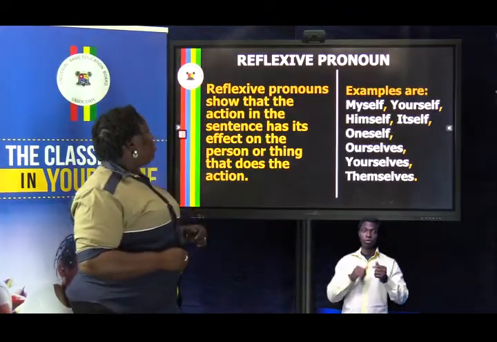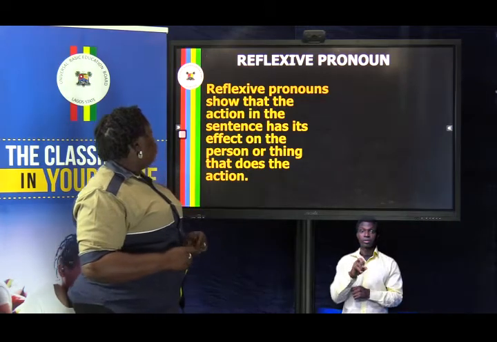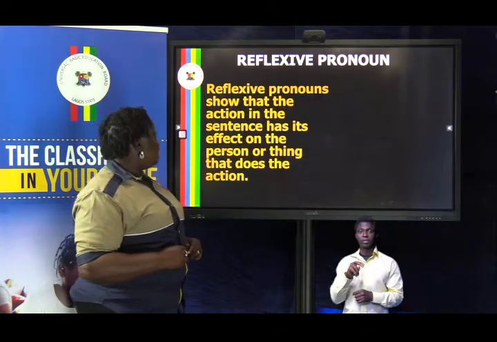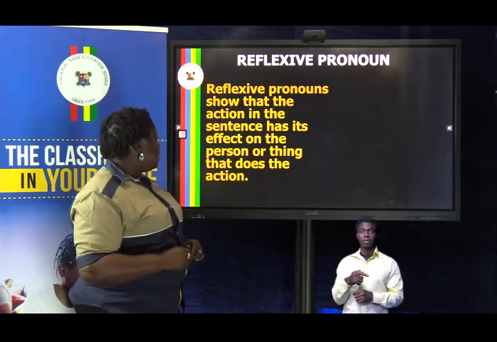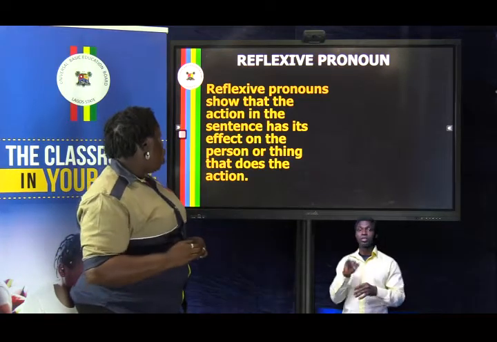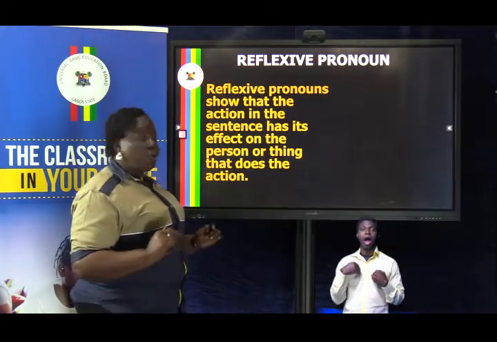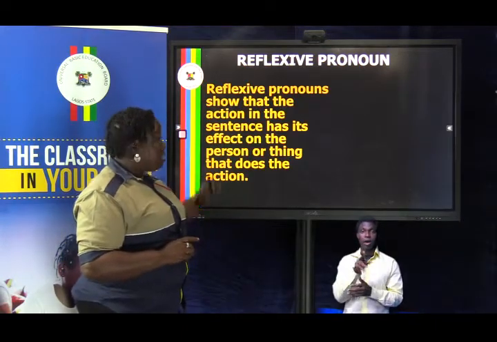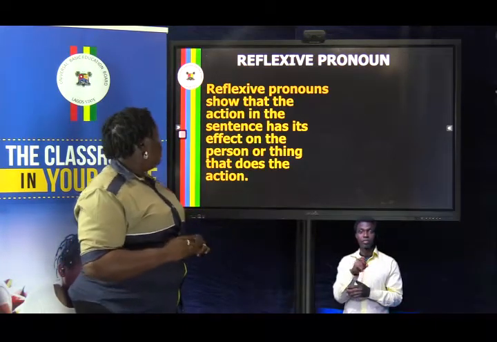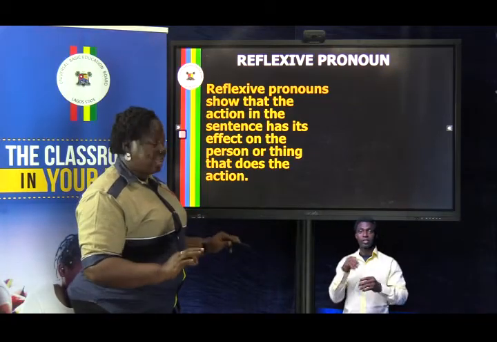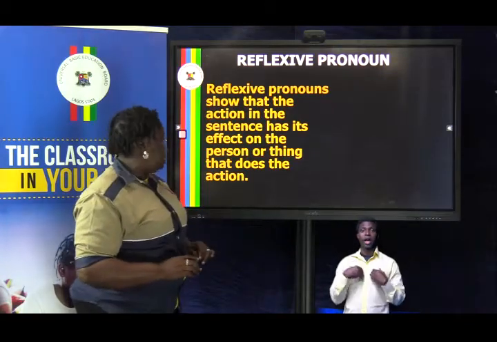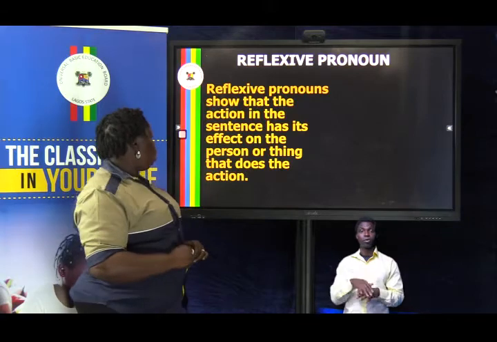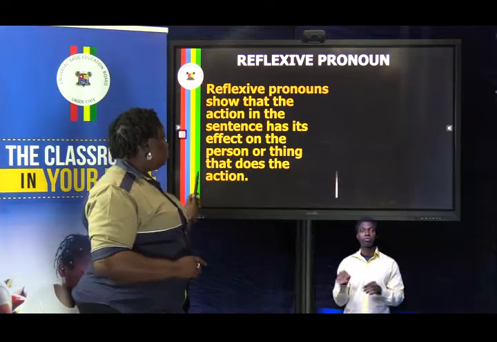Reflexive pronouns show that the action in the sentence has its effect on the person or thing that does the action. Let me take that again. Reflexive pronouns show that the action in that sentence has its effect on the person or thing that does the action.